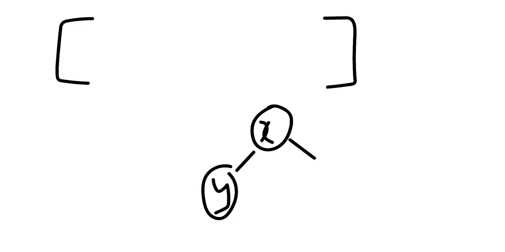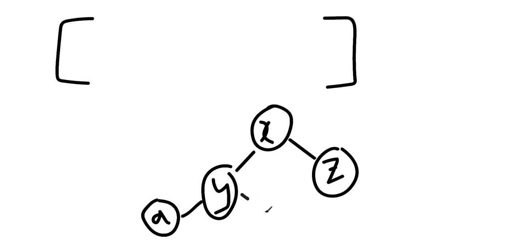So we'll just use a simple array to store our data in this max heap. So say we want to store some kind of max heap that looks something like this. So there's X, Y, Z, and this Y has two children, A and B.